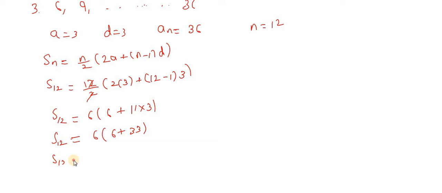So S12 is equal to 6 into 39, since 6 plus 33 is 39. 39 into 6 is 234. These are the number of plants planted from class 1 to 12.